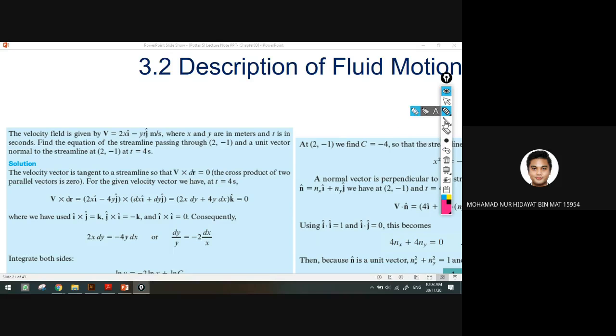For example, this is the flow direction at time equal to 4. This is the velocity.